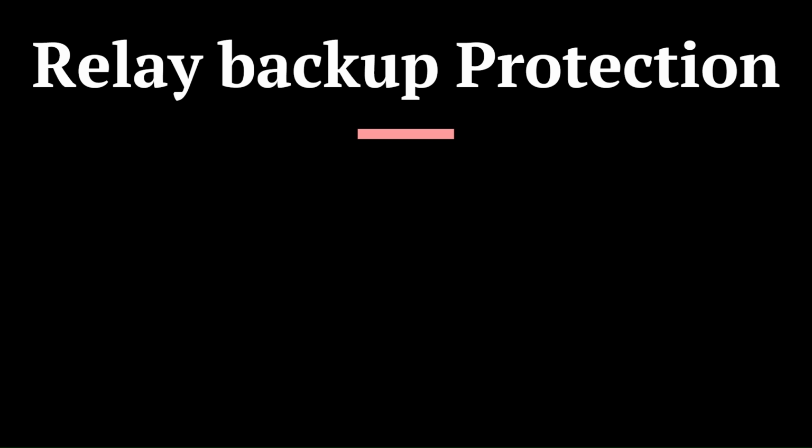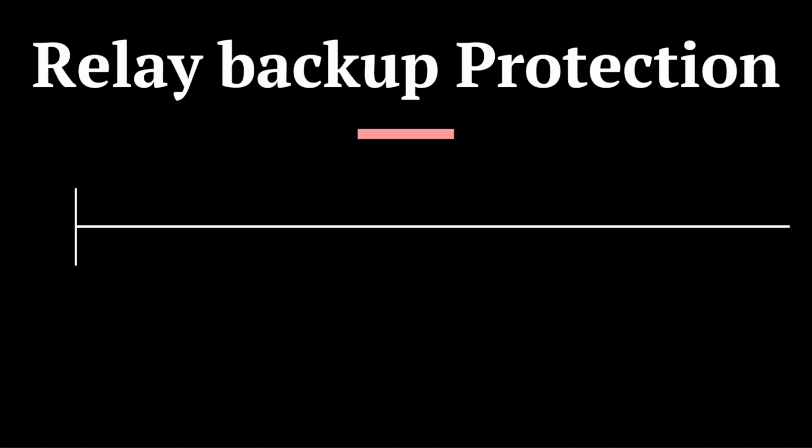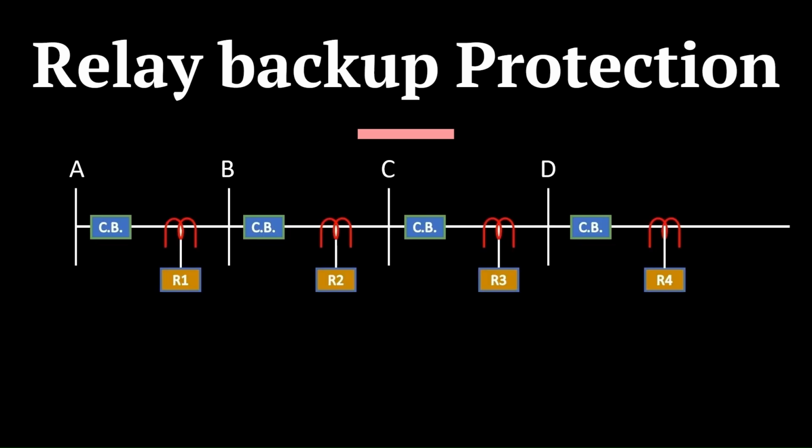Suppose, for example, a transmission line is divided into number of sections, and for each section, circuit breaker and relays are provided for protection. Now suppose a fault occurs beyond section D. Due to fault, the relay and circuit breaker which is installed in section D should operate as first line of defense.